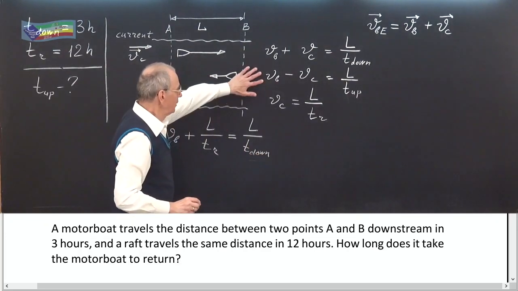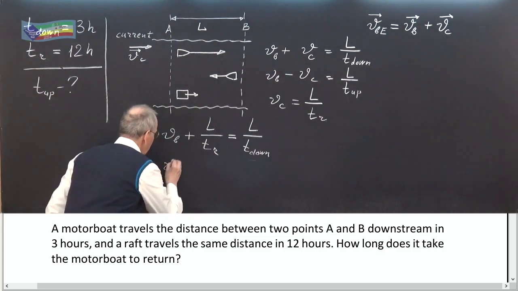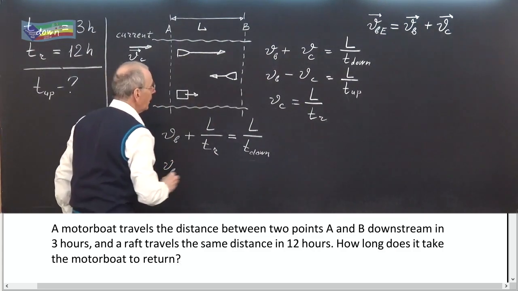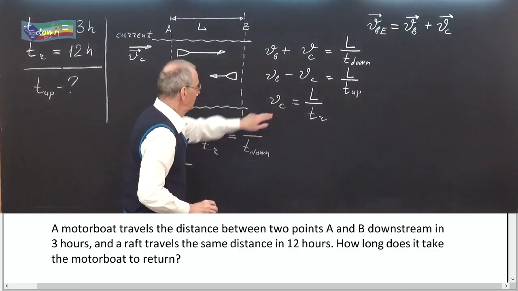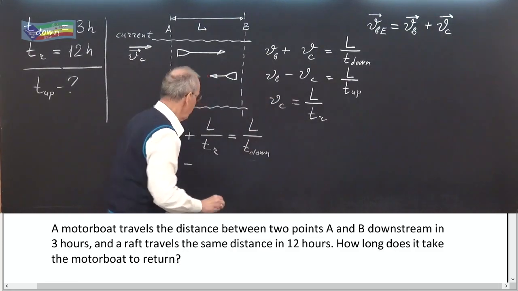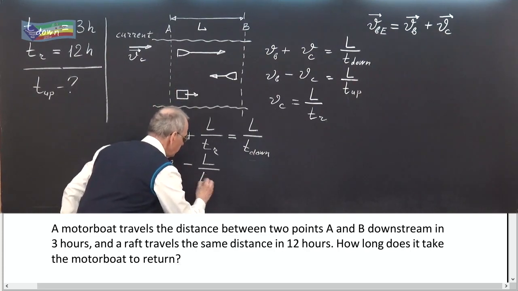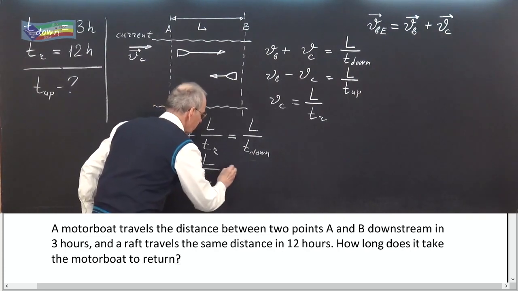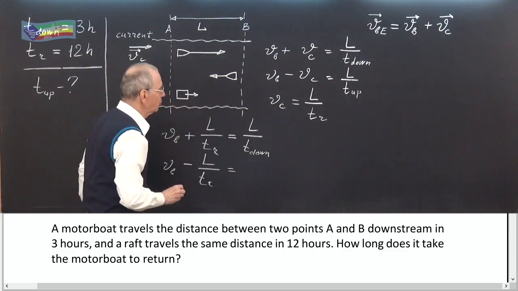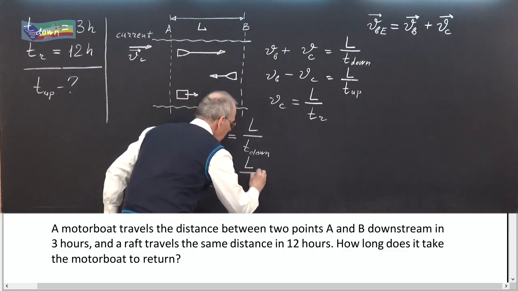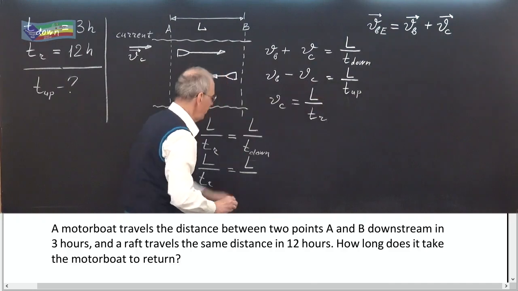The next equation, V B minus V C, substituting L divided by T raft is equal to L over T up.